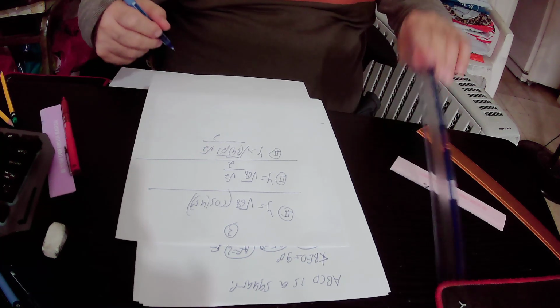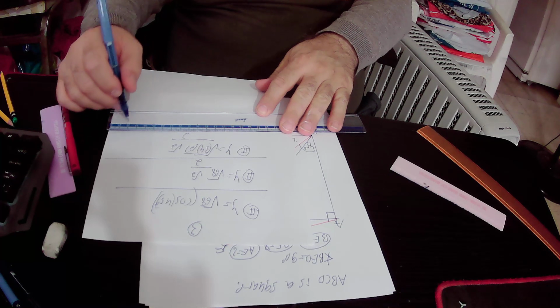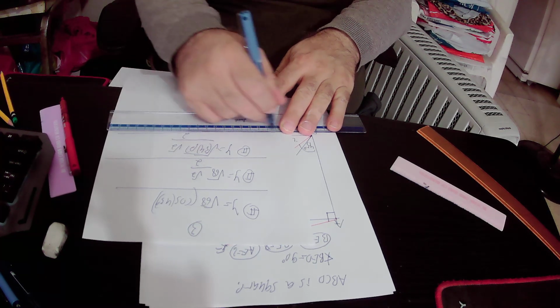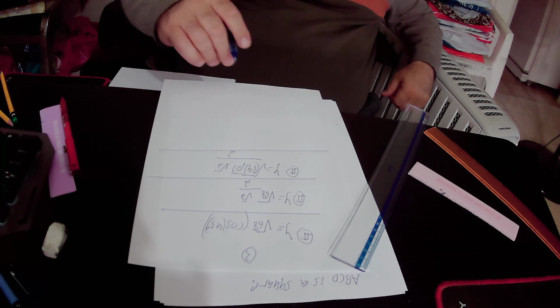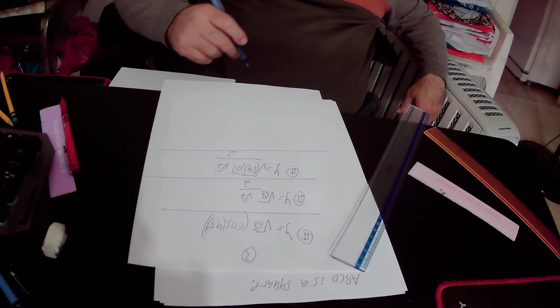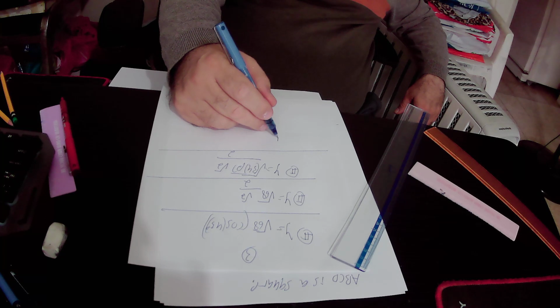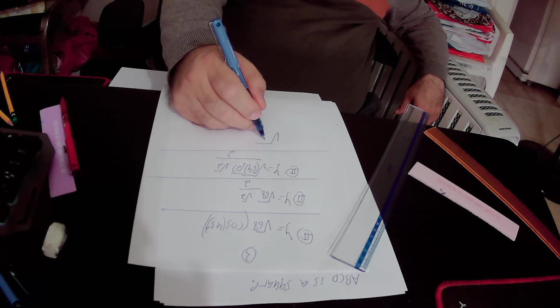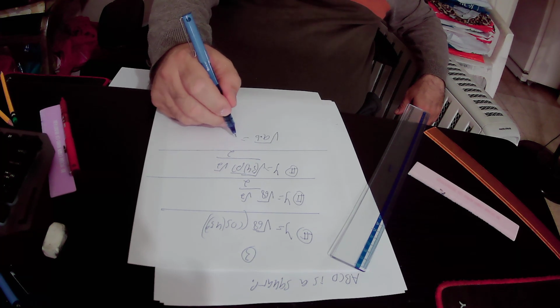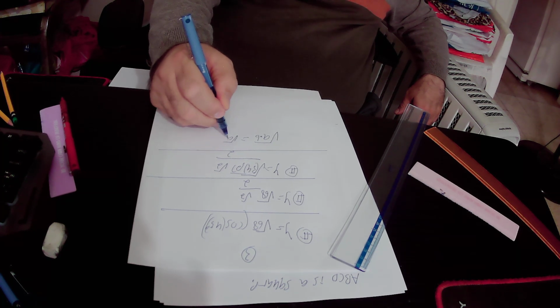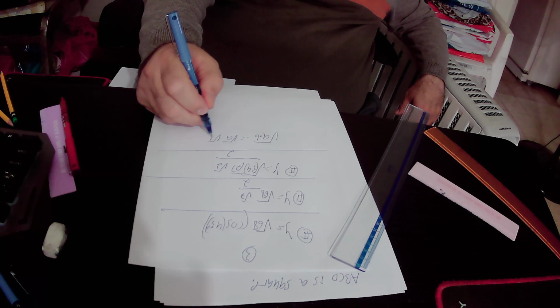So we found out that y equals the square root of 34 times 2 times the square root of 2 over 2. We have a rule that says that the square root of a times b equals the square root of a times the square root of b.